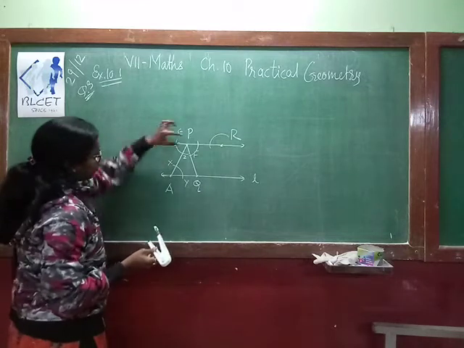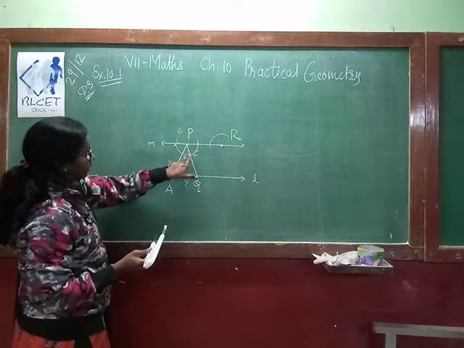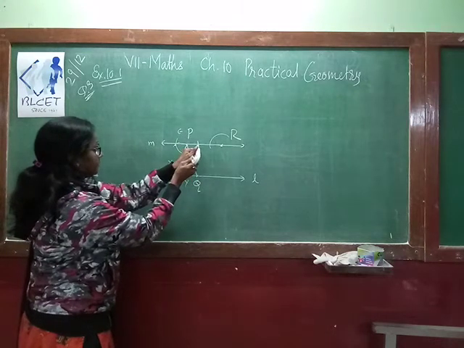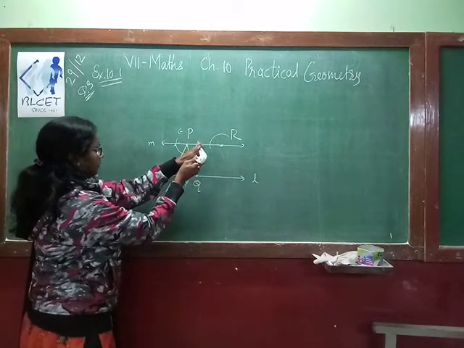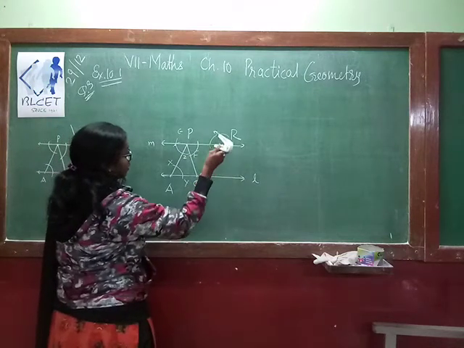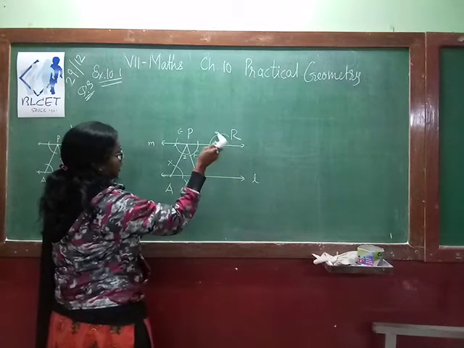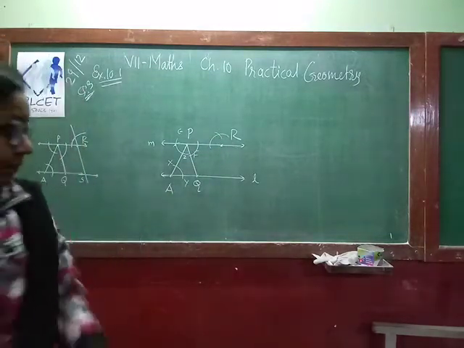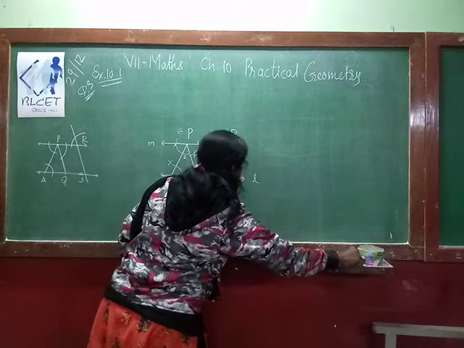Now what we have to do? We have to measure the distance between these 2 points. What is the distance? Without changing this distance, we just make an arc over here. So what happened? We are getting 1 more point. This one.